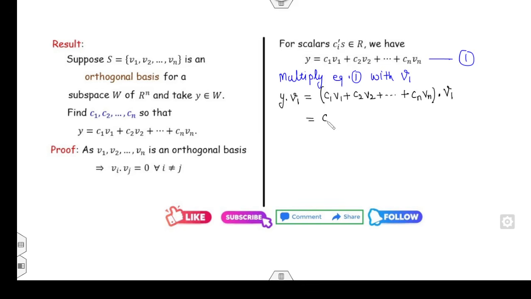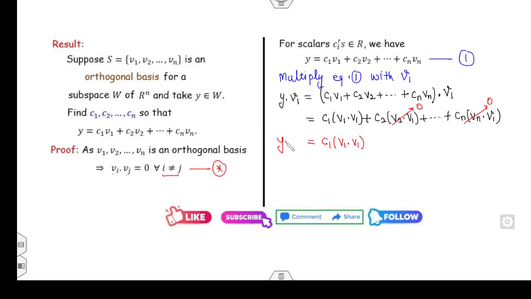Now if you open this bracket, c1 v1 dot v1 plus c2 v2 dot v1 plus, and the last is cn vn dot v1. Fine. By using equation number star, vi dot vj is 0 for i not equal to j. This number will be 0, this number will be 0.